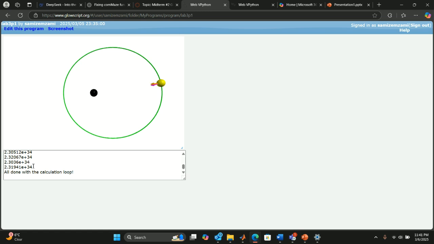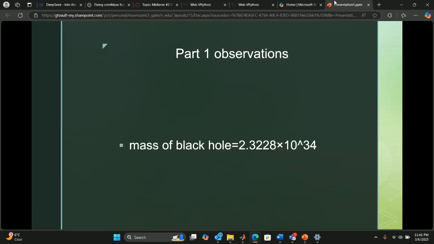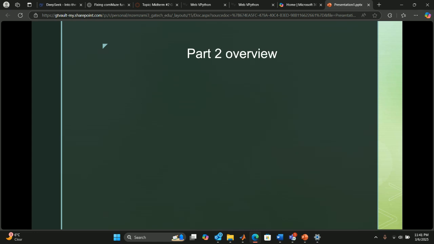Finding the average of this loop gave us the mass, sorry, not the time. We calculated the average mass, which came to about 2.3228 times 10 to the power of 34. And from that, we basically got the mass of the system.